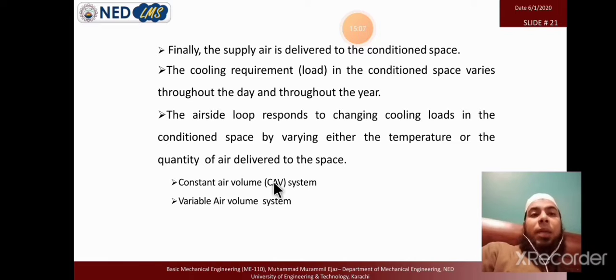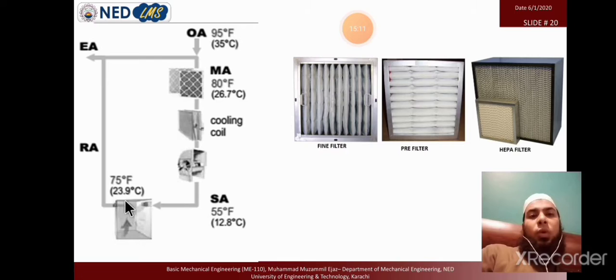So how is the temperature maintained? Continuously cool air is coming into the room and it cools down the air. First the room temperature is 30 and then it is cooled down to 23 degrees centigrade, that is the desirable temperature. After reaching 23 degrees centigrade, it basically cuts off the cooling coil.